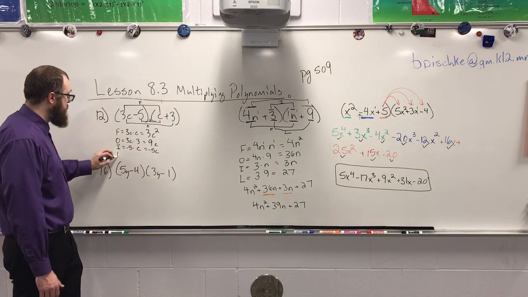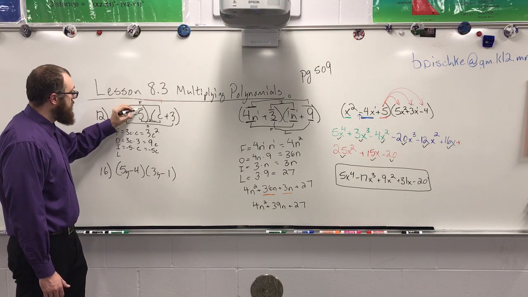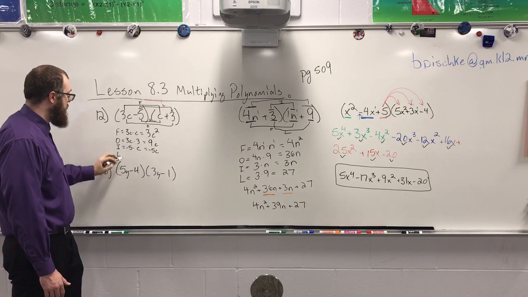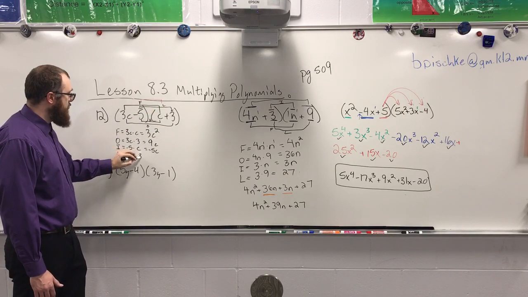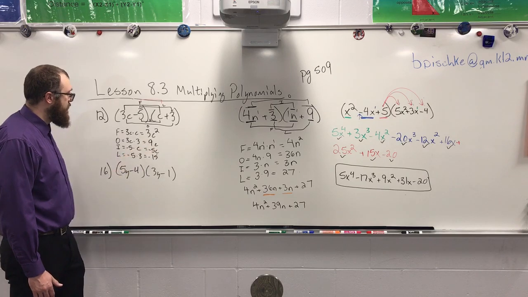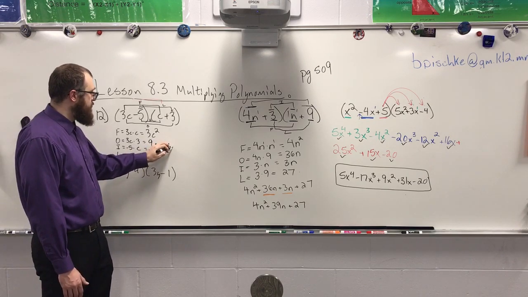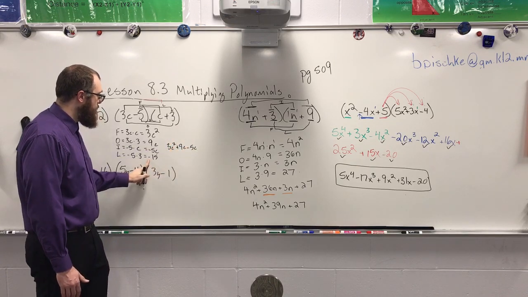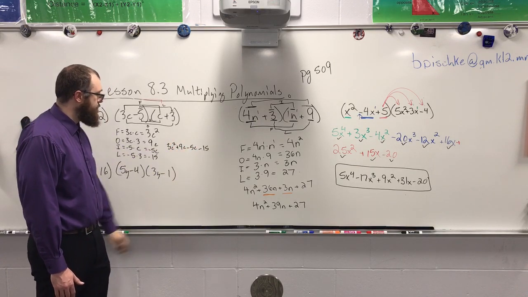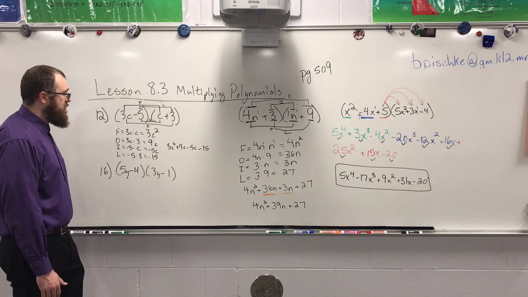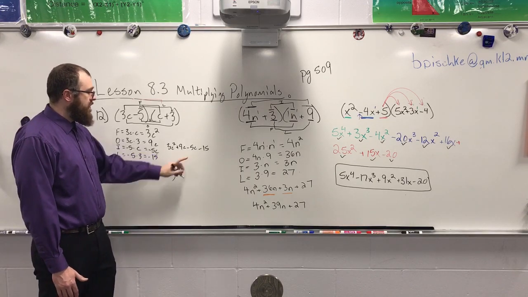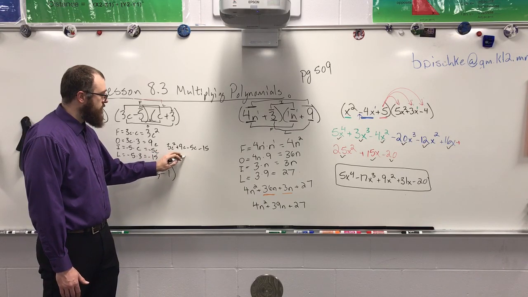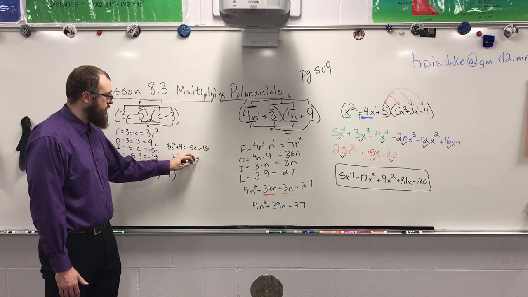And my lasts give me negative 5 times 3, which is negative 15. When I put them all together, I have 3c squared plus 9c minus 5c minus 15. 9c and 5c are like terms, so I can reduce that down to 3c squared plus 4c minus 15.